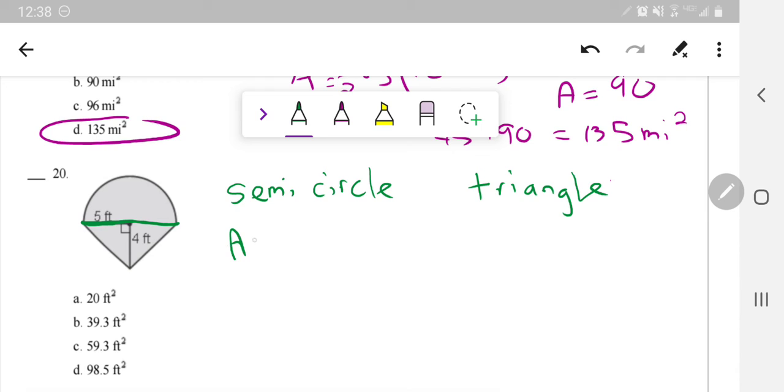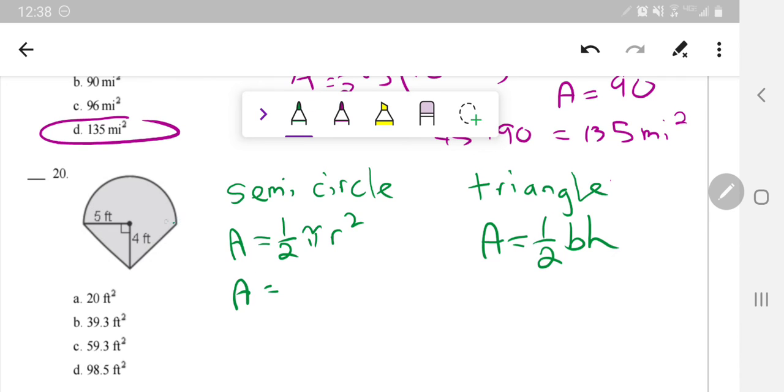I'm going to say area of a semicircle is 1/2 pi r squared, and the area of a triangle is 1/2 BH. Now let's look at this closely. We're looking at the semicircle up here. It's going to be 1/2 times 3.14 times the radius.